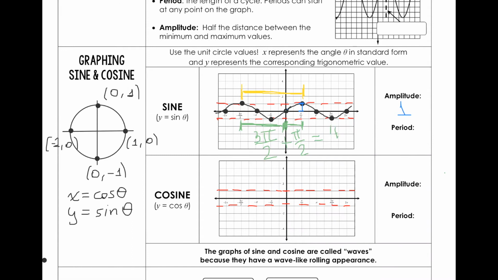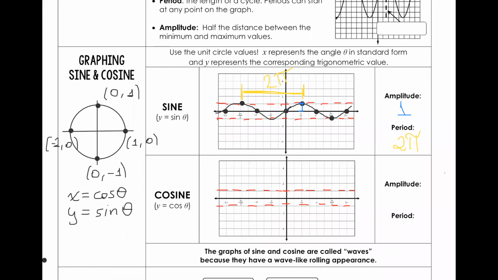This is going to be 4 pi over 2, or we can simplify that. Dividing by 2, I get 2 pi over 1, or simply 2 pi, which means that my period, the distance between those 2 points of maximum, is 2 pi.